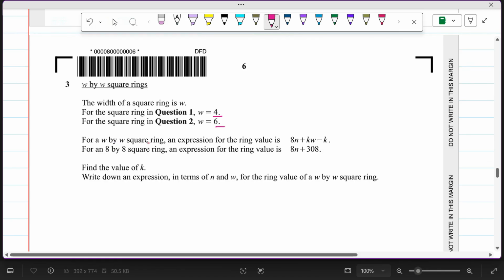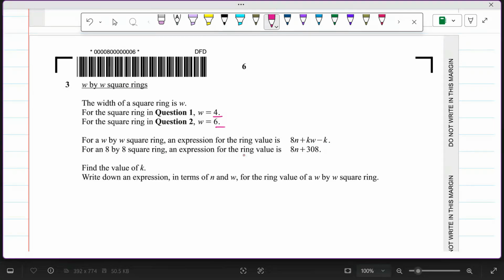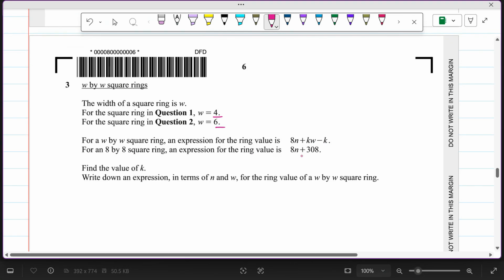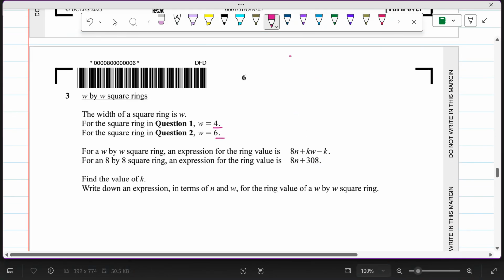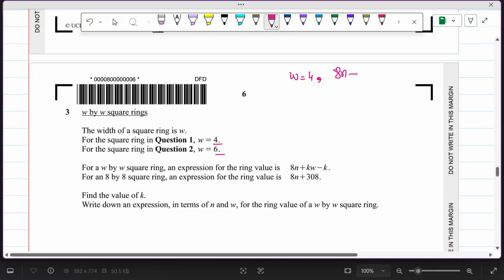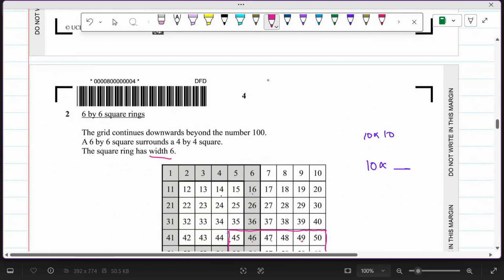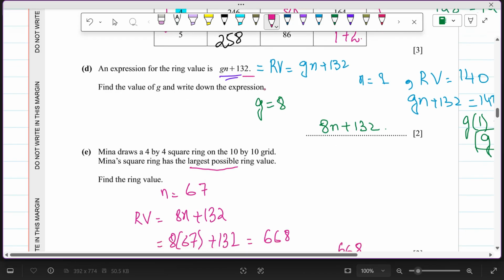For the W by W square ring, an expression for the ring value is 8n plus kW minus k. For the 8 by 8 square ring, the expression for the ring value is 8n plus 308. When we have the width of 4, the expression was 8n plus 132.